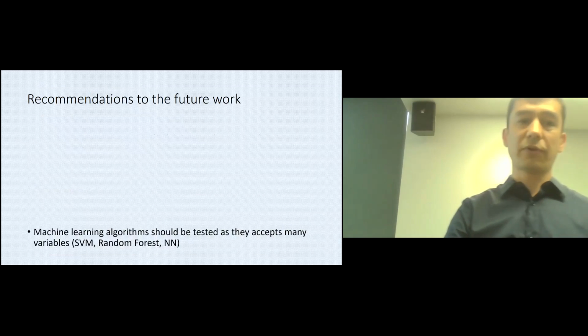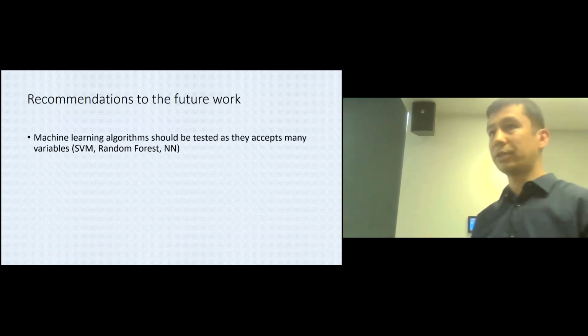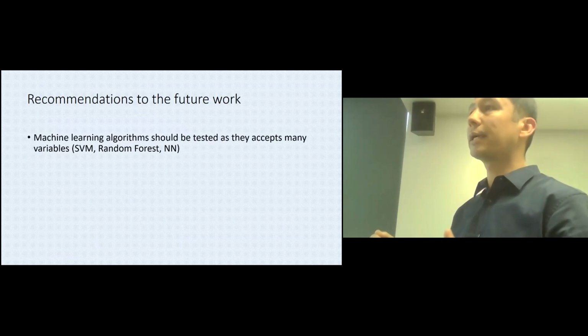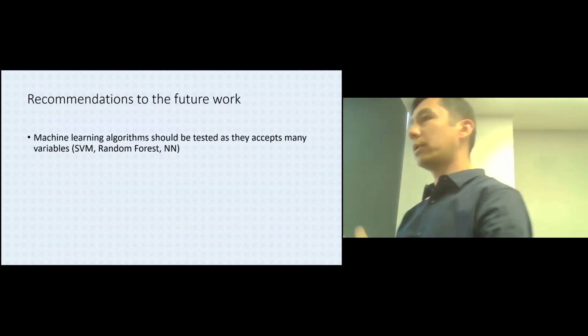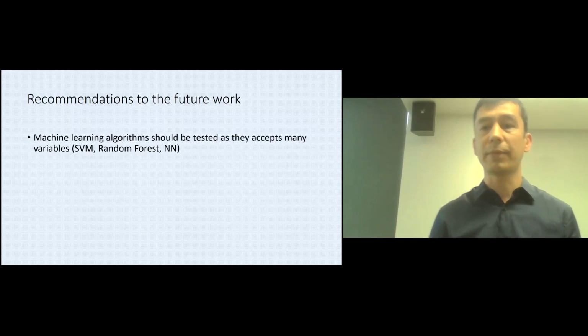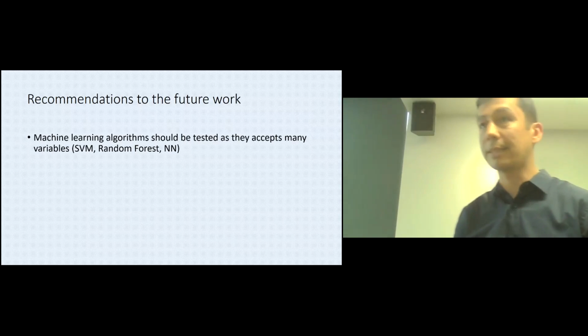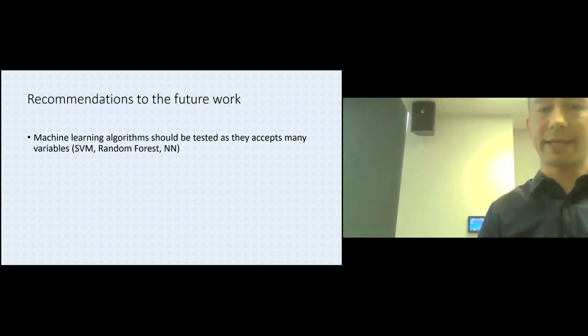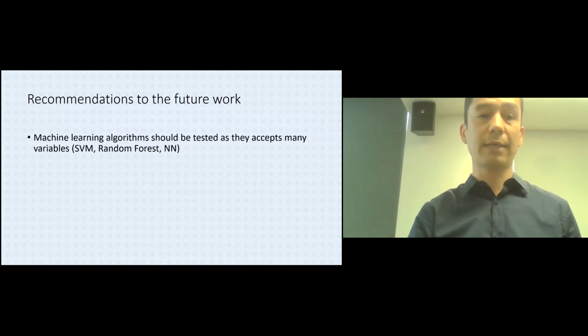So, recommendations for future work. I didn't use machine learning methods for this work, and machine learning can include all the variables, give you the prediction power, and select some important variables. That should be tested, like random forest, neural network, or support vector machine and so on.